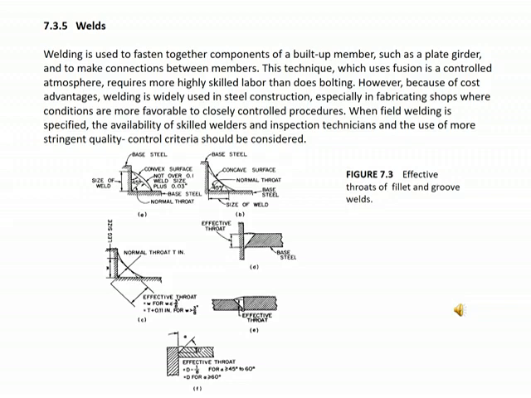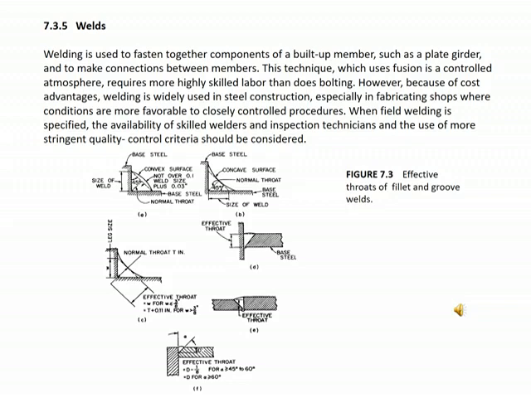However, because of the cost advantage, it is widely used in steel construction, and we utilize welding especially in the fabrication shop, where the conditions are more favorable to closely control the procedure. So inside the fabrication shops, we utilize welding.